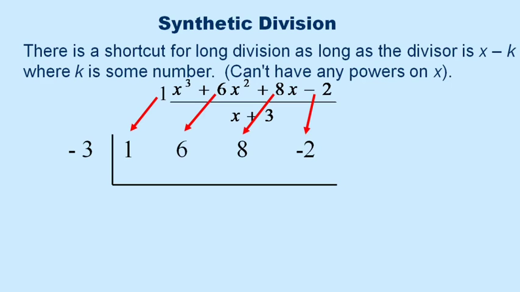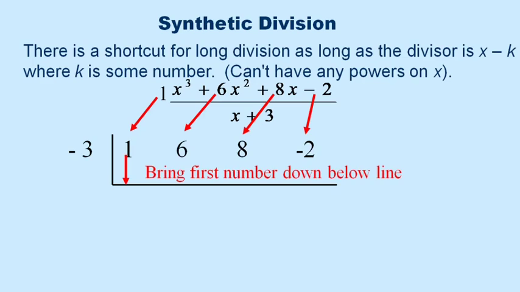Since there is no missing term, because the first term has power 3, the second term has power 2, the third term has power 1 and the fourth term has power 0, the dividend is in proper descending order of powers.